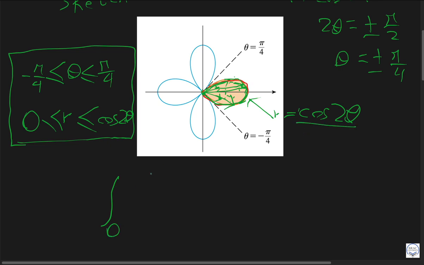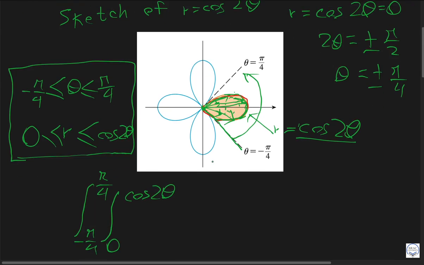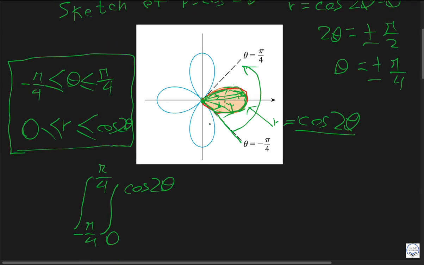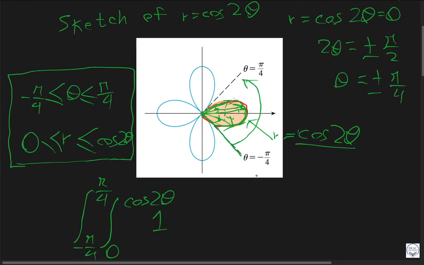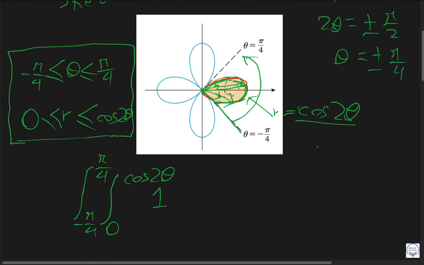So this curve is just cos 2 theta, and our angles vary from here to here. So minus pi by 4 to plus pi by 4, and the function that we will integrate is 1, because if we want to get the area using a double integral, we always have to integrate the constant function 1.